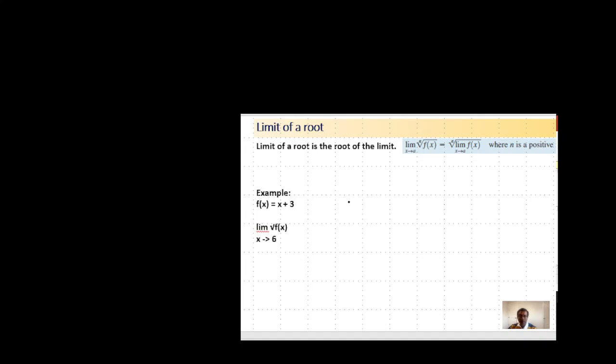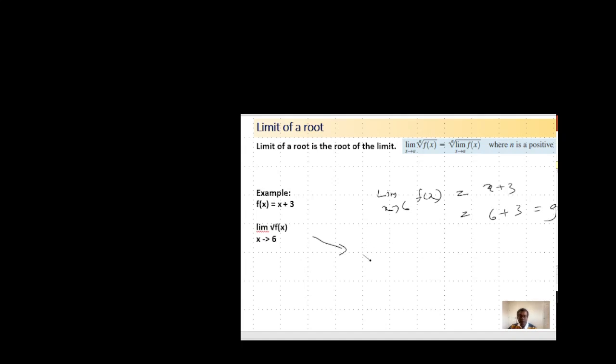Let's take an example. Suppose we need to find the root of f(x) when x is approaching 6. First find the limit as x approaches 6 of f(x), which is x plus 3. So we can substitute the value, 6 plus 3 equals 9, and now we need to find the root of this.